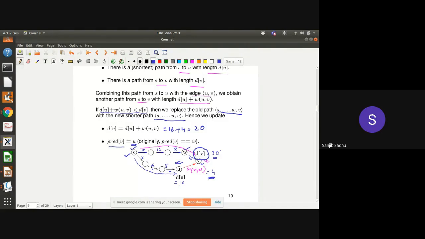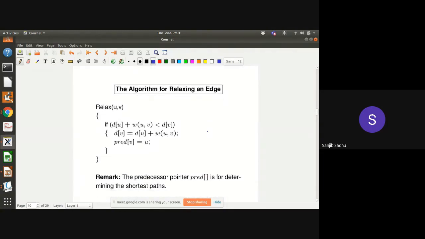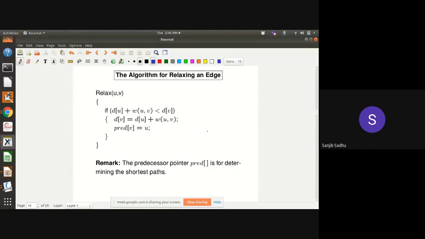You are not only interested in the weight of the path, but you are also interested in the path along which you should visit. So originally it was this. That is called relaxation that we are doing, relaxation of the edge UV.